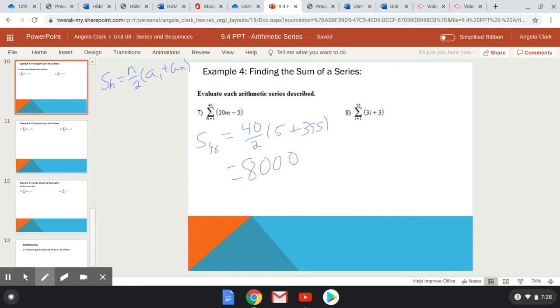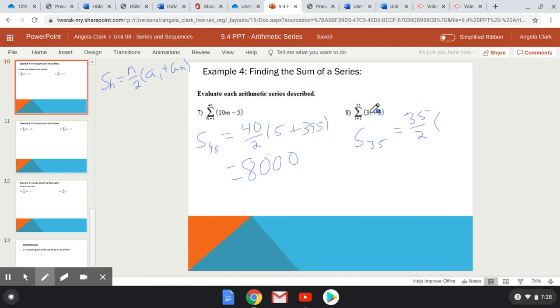Okay, so let's do the same thing with number 8. Again, we're starting from 1, going to 35, so we're going to have 35 terms. So we're looking at S35 equals 35 divided by 2. The first term, I is 1, right?